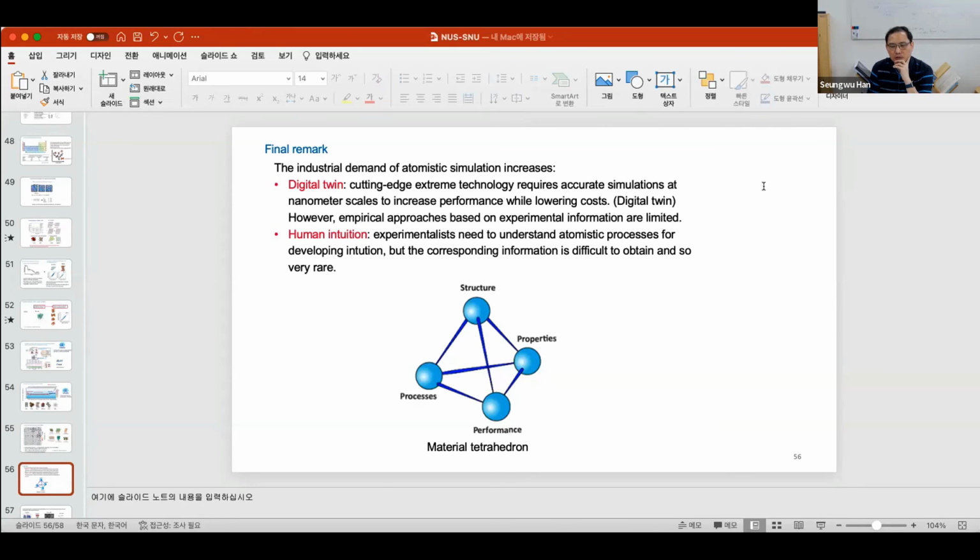Here, what do you mean by the machine learning prediction? Do you mean the machine learning potential that I introduced in the later part, or are you talking about something else? Because there are many different types of machine learning.